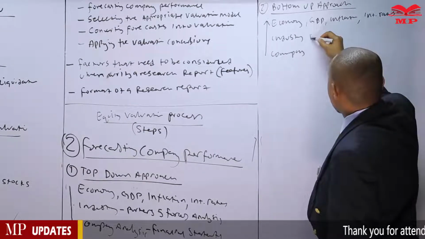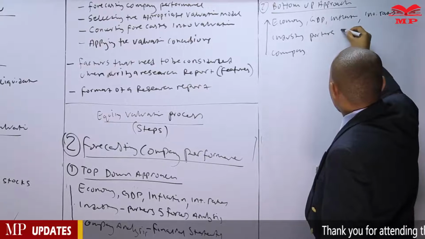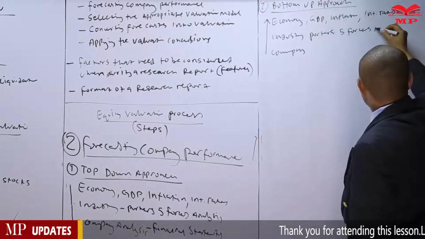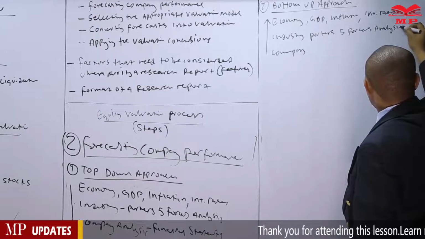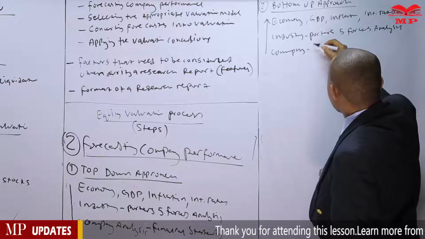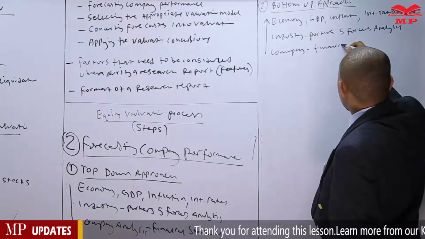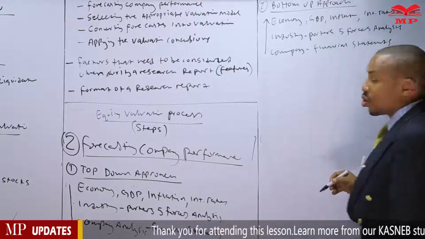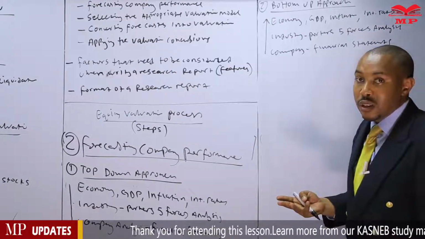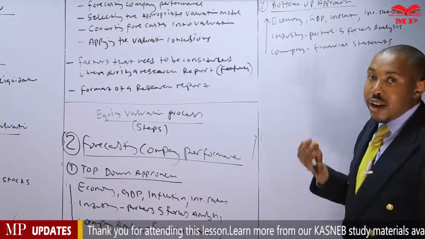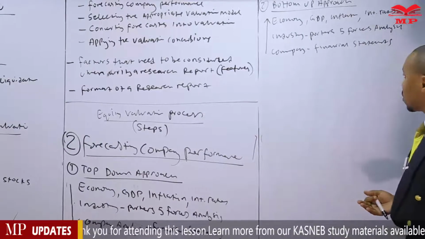Then the industry, Porter's 5 forces analysis. Then we look at the company specific financial statements. And when we talk about financial statements, we're talking about the three major financial statements: the statement of comprehensive income, the statement of financial position, and the statement of cash flows.